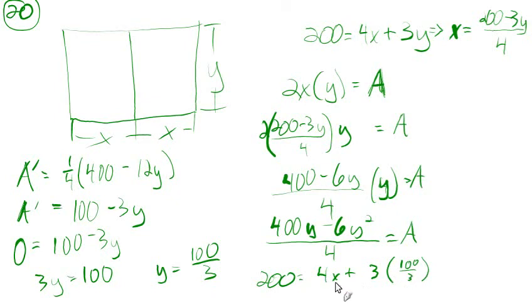So 4x would be equal to 200 minus 3 times 100 over 3, which is 100, and then we divide, and x would be 25. So with x being 25, 25, 25, 25, and then y being 100 over 3, that's our optimal choice for y and for x.